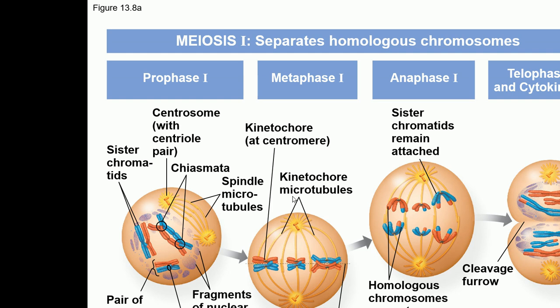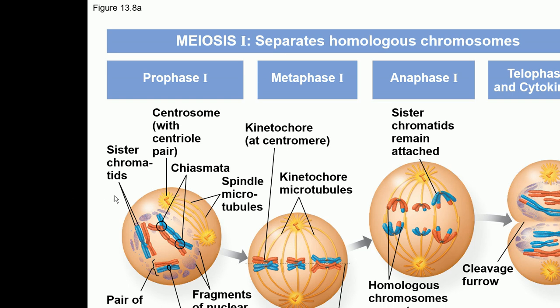So let's go over here and talk about it. In prophase 1 of meiosis 1, all the other events which take place in mitosis will be taking place. But in addition to that, a few other things take place, and that includes, number 1, the pairing of chromosomes.